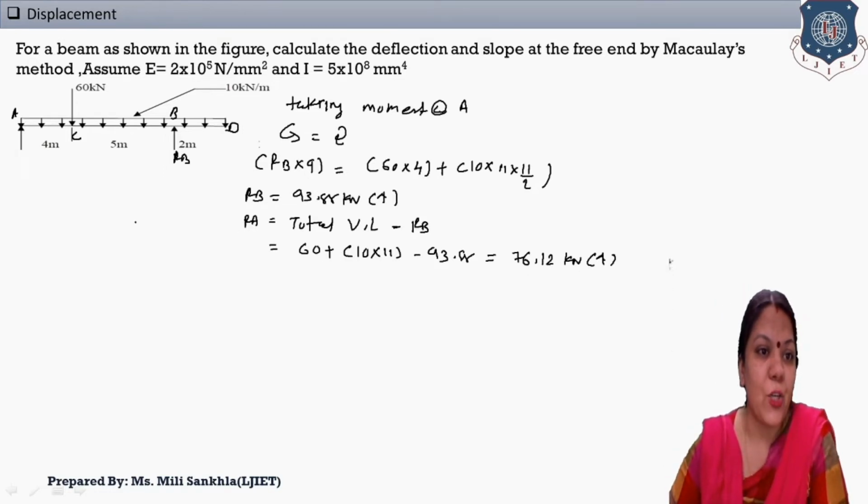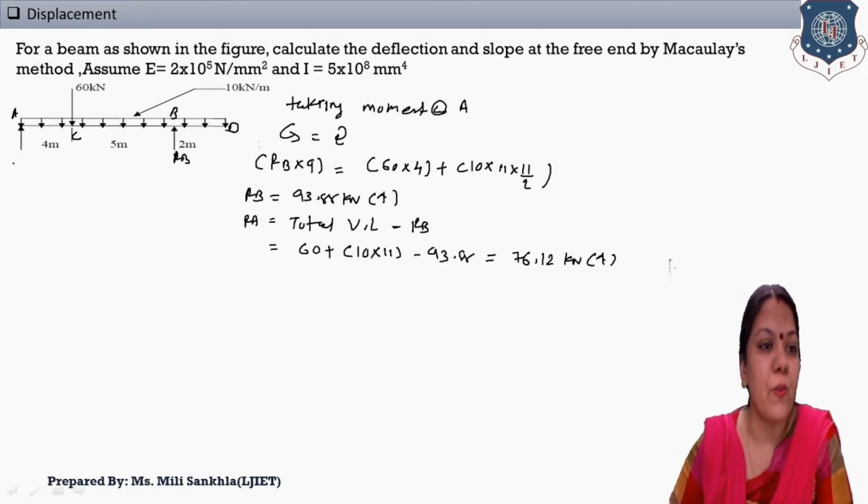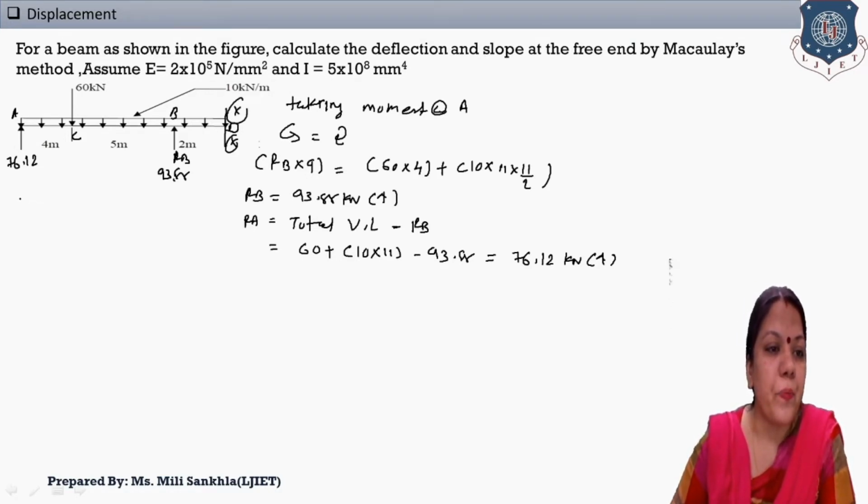Now mention the values of the support reactions. This is our first support reaction 76.12, and the value of RB that we found is 93.88. Now according to Macaulay's method we have to mention this x and consider this as distance x to make an equation of moment.